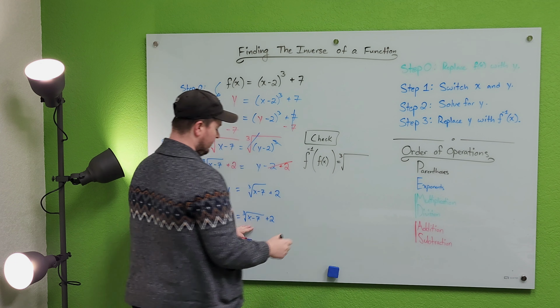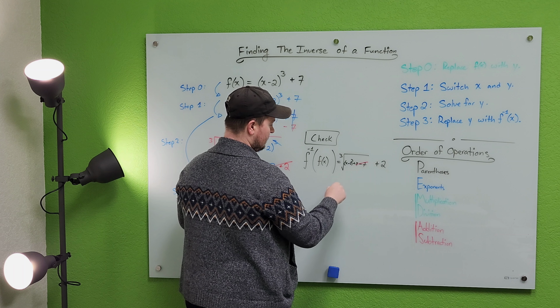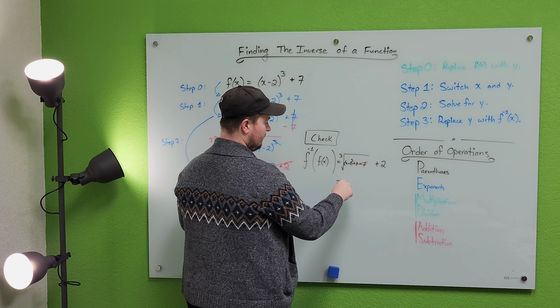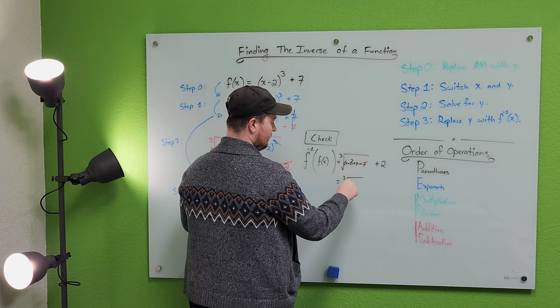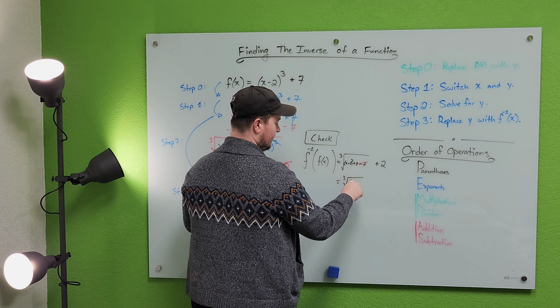Now, if we work through this, we'll see plus 7 minus 7, those cancel each other out. So what's left inside this cube root is x minus 2 cubed, with plus 2 on the outside.